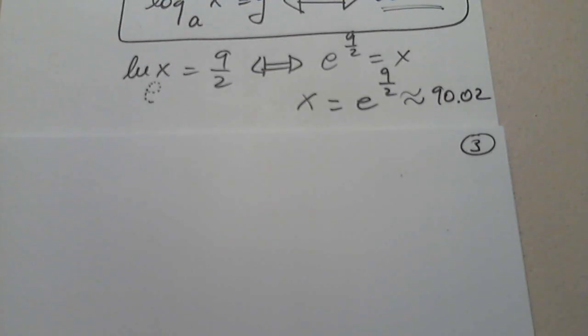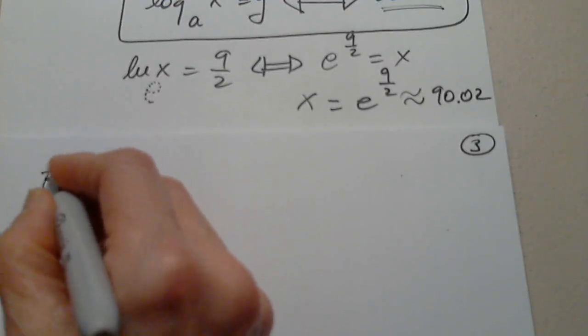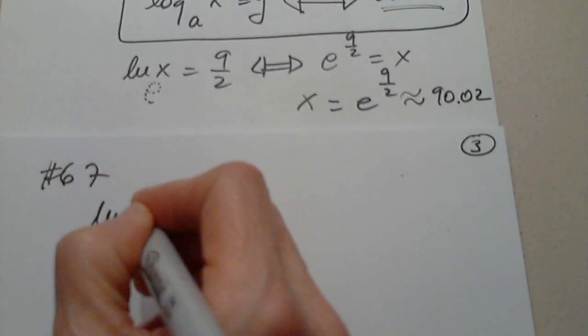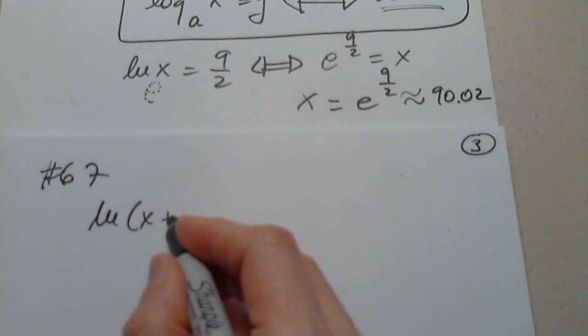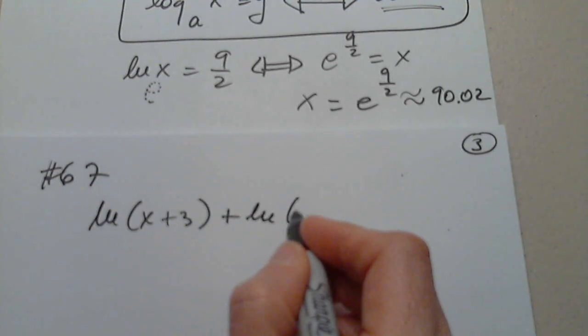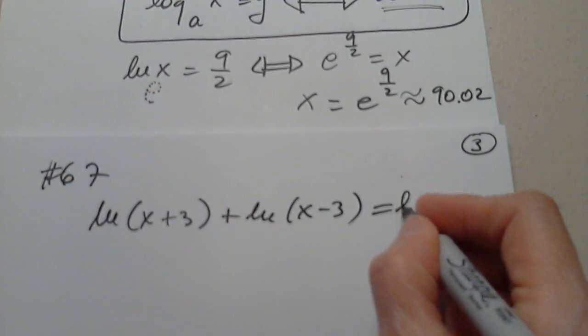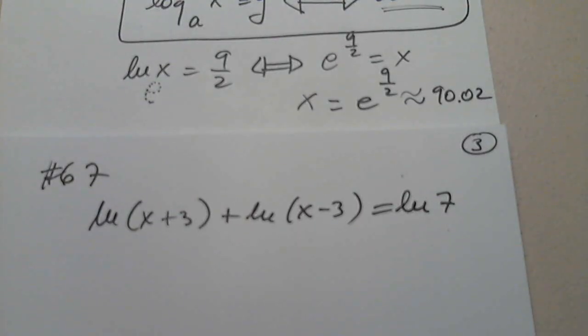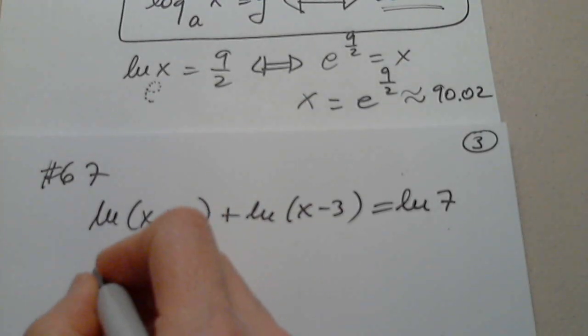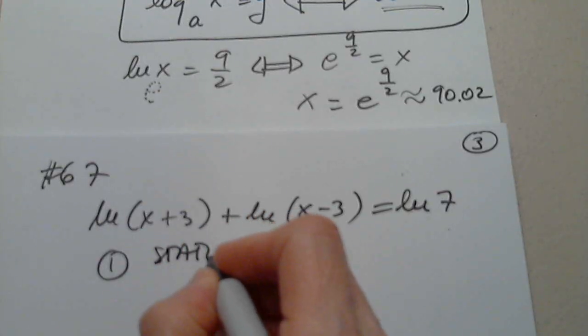Okay, so natural log of x plus 3 plus natural log of x minus 3 equals natural log 7. When solving logarithmic equations, we have two options. Option number 1, state the domain.